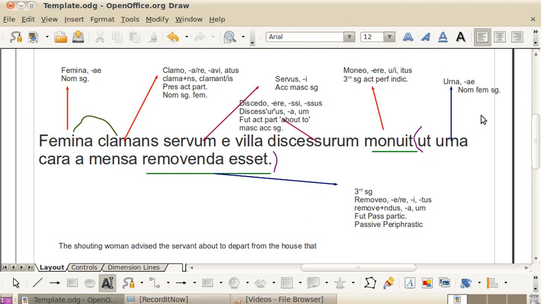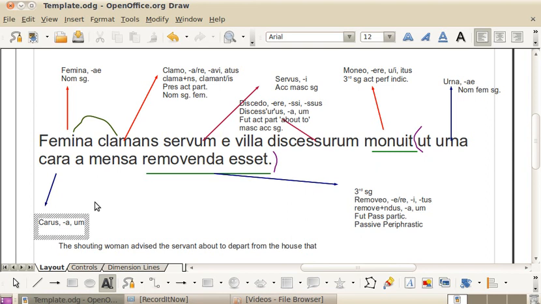Urna is followed by cara. Cara comes from the adjective carus, cara, carum. This is a first and second declension adjective. The A ending can be four different things. It could be feminine nominative singular, feminine ablative singular, neuter nominative plural, and neuter accusative plural.